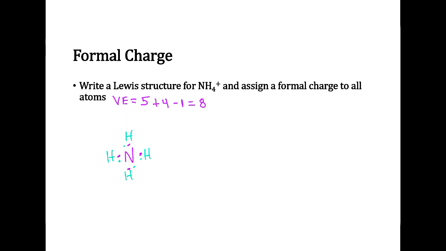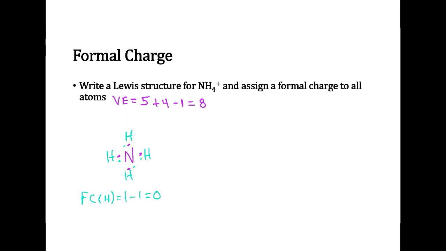Now we need to go through and assign formal charges. Recall that hydrogen is supposed to have 1 valence electron. Since we have these bonding pairs here, we only count the bonds as one electron for formal charge. So we would have 1 minus 1, so the formal charge on all the hydrogens is 0.